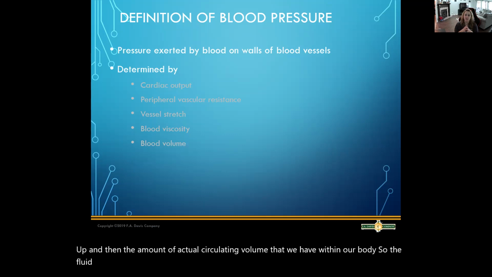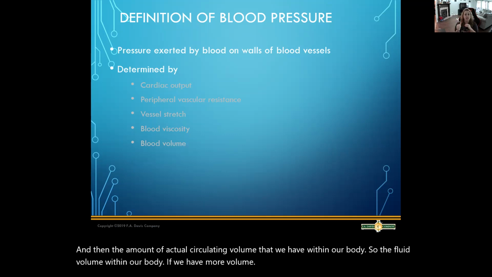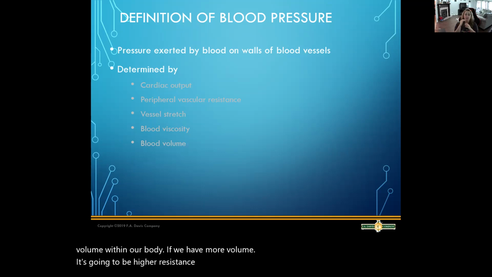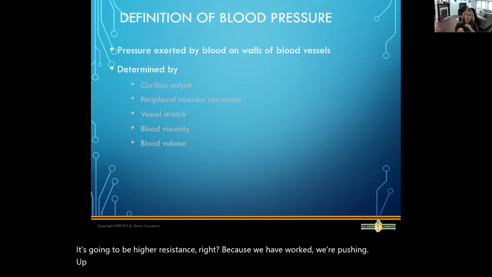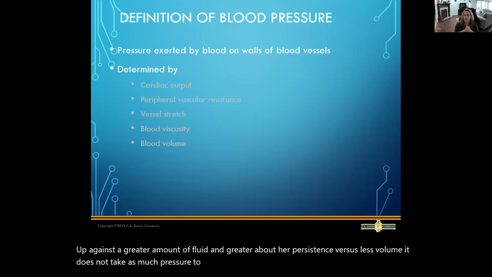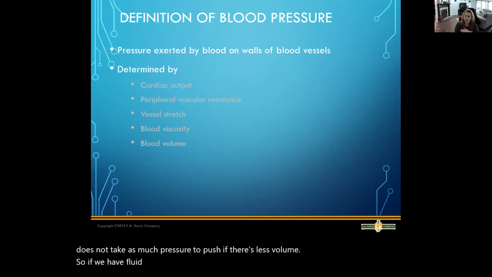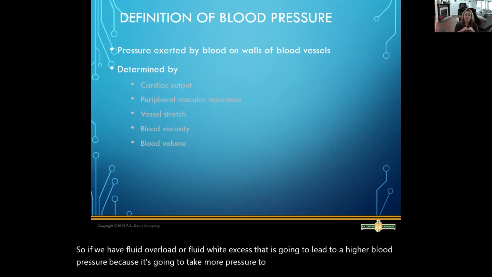If we have more volume, there's going to be higher resistance, because we're pushing against a greater amount of fluid. It does not take as much pressure to push if there's less volume. So if we have fluid overload or fluid volume excess, that is going to lead to a higher blood pressure, because it's going to take more pressure to get the blood flow out.